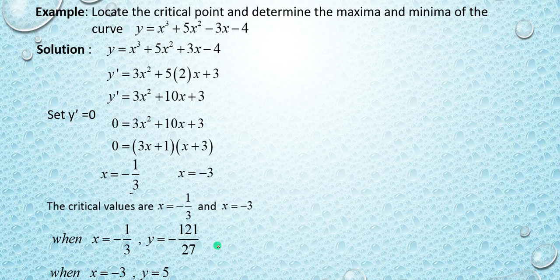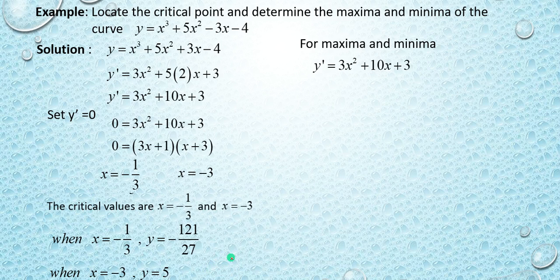So we have two points: x equals negative 1/3 and y equals negative 121 over 27. And when x equals negative 3, we have y equals 5. So we find the maxima and minima.